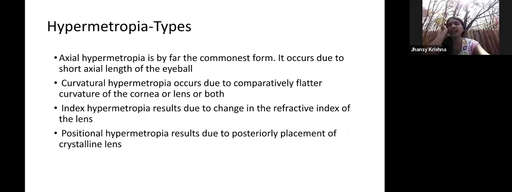Types of hypermetropia include axial hypermetropia, curvature hypermetropia, index hypermetropia, and positional hypermetropia.